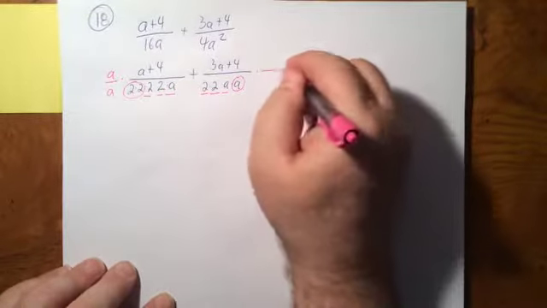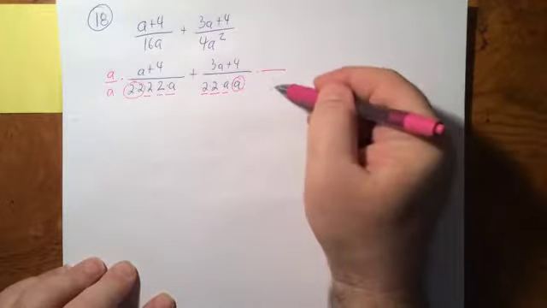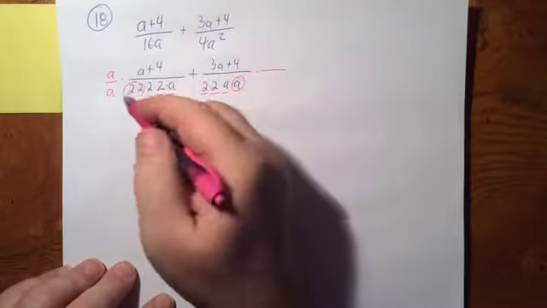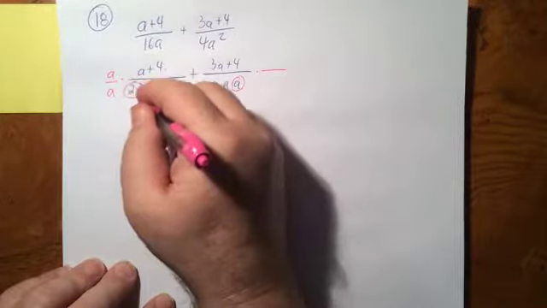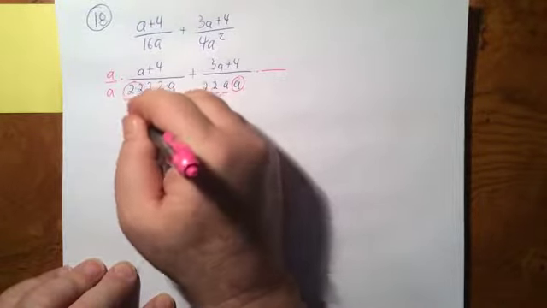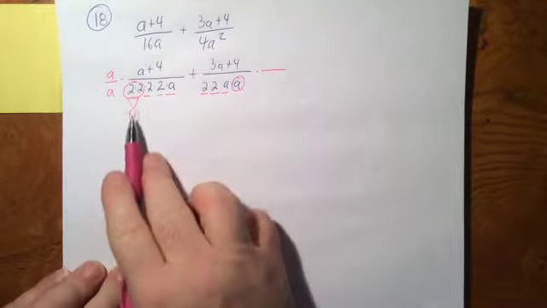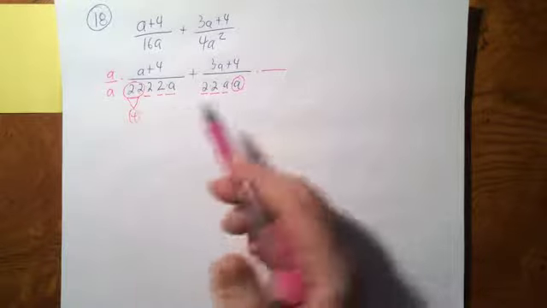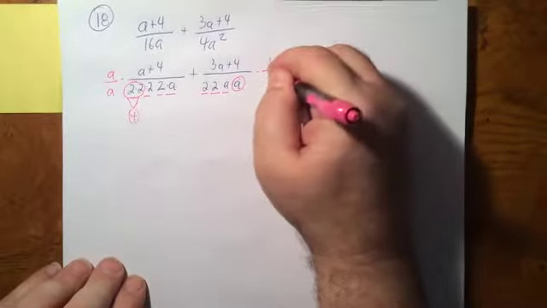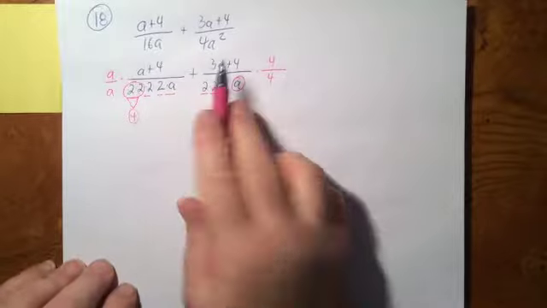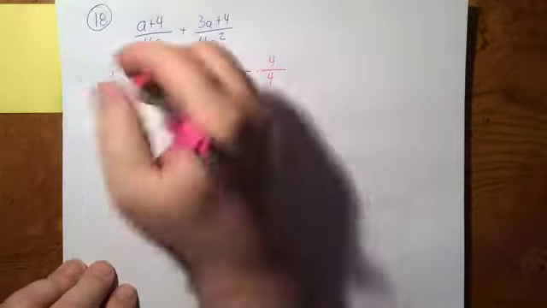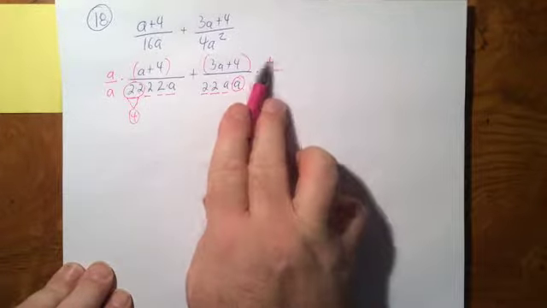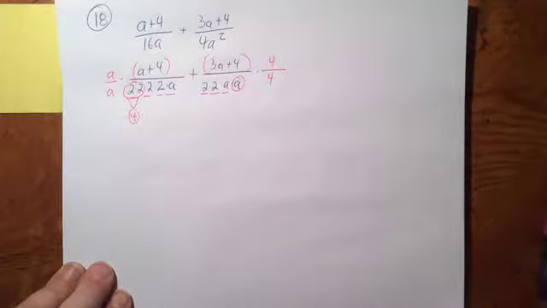So I can multiply the top and bottom of this fraction by 2 times 2, or more simply the product of 2 times 2, which is 4. So I'm going to multiply these factors that aren't over here together, make it 4, and multiply the top and bottom of this fraction by 4. Bear in mind again, we need to distribute a through here. We need to distribute 4 through here.